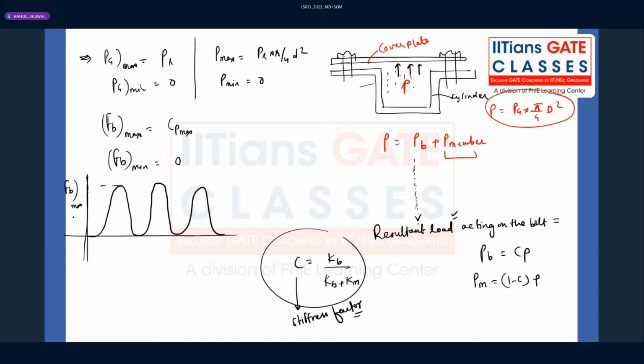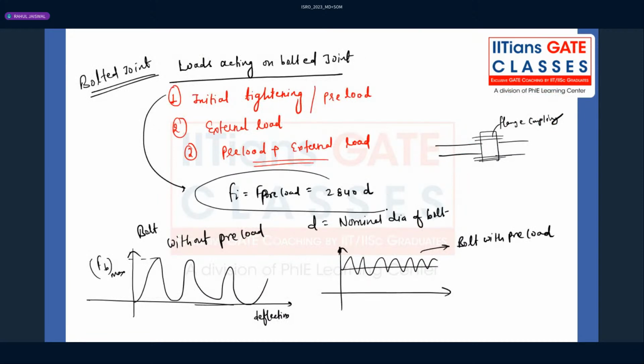But when you apply preload, what is happening, my dear friend? Understand. For Fb maximum, automatically CP maximum will be there, no doubt about that, plus Fi will also be acting. Fi value is what? 2840d, where d is the nominal diameter of the bolt.